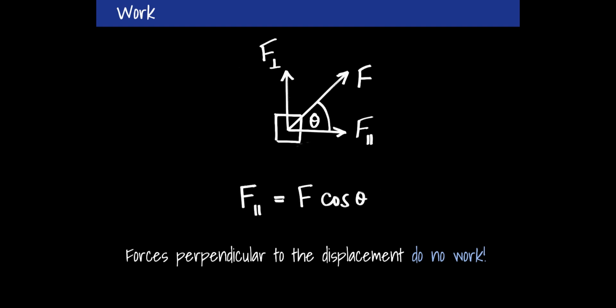And that relationship is cosine. It turns out I can always calculate F parallel by simply taking the whole force, however many newtons of force that is, and multiplying by the cosine of the angle. Once again, we're going to want to make sure that our calculators are in degree mode when we do that, or we may get some funny answers.